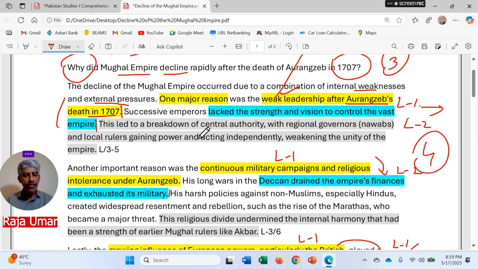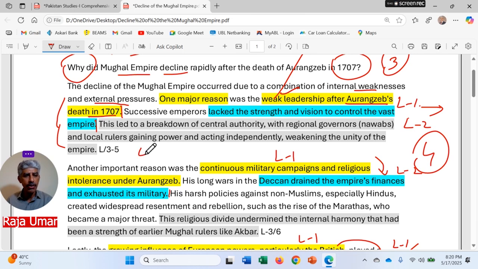But if he gives the further evaluation of each reason, "This led to a breakdown of central authority," then the complete reason becomes: one major reason was the weak leadership after Aurangzeb in 1707. Successive emperors lacked the strength and vision to control the vast empire. This led to a breakdown of central authority, with regional governors, nawabs, and local rulers gaining power and acting independently, weakening the unity of the empire.